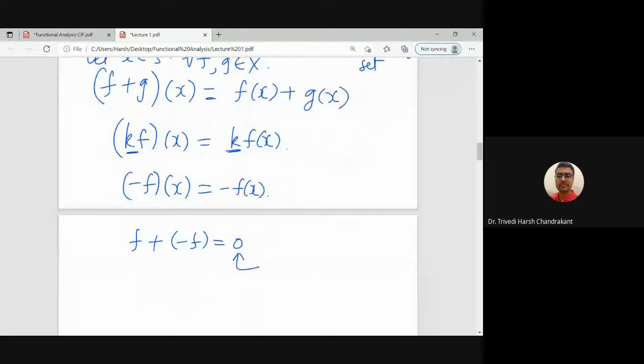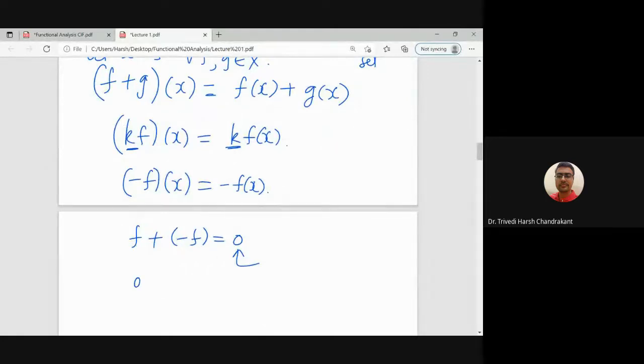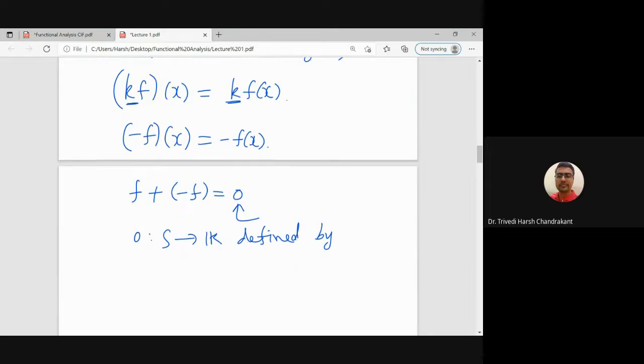So here 0 is the map from S to K defined by 0(x) equals the zero element for every x in S. So basically it is a function.